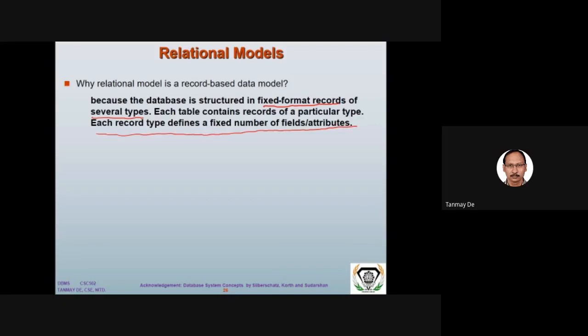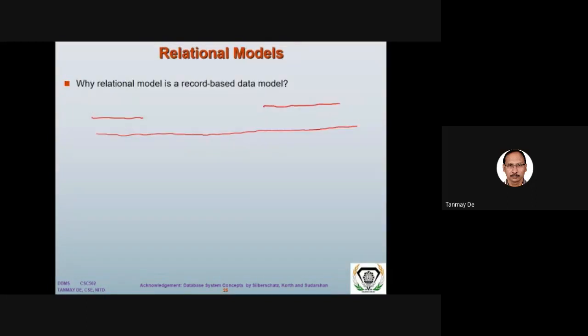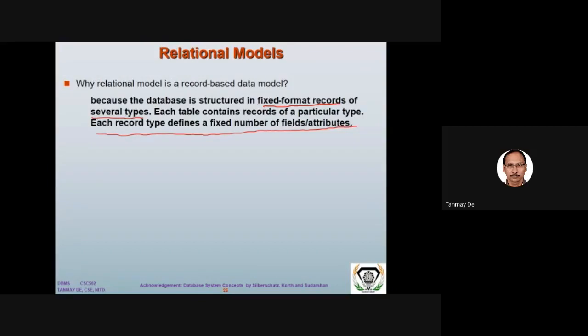In the customer table, it is described by 5 attributes: customer ID, customer name, customer street, customer city, and account number. Similarly, the account record is defined by 2 attributes: account number and balance.